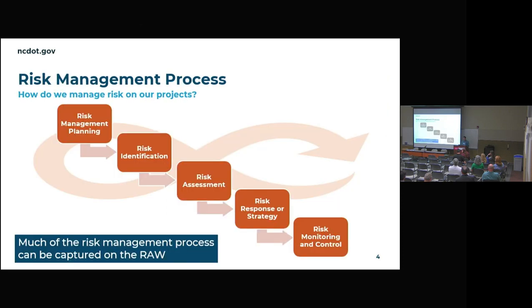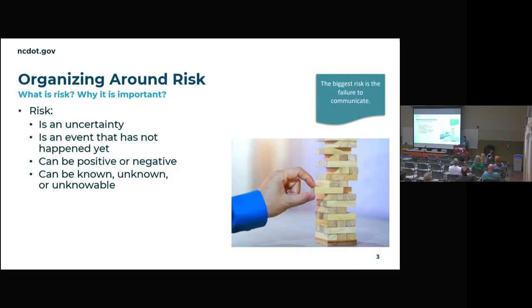And of course, why is capturing risks important? So with our risk, as long as we're talking together, we're going to increase our communications. We're going to increase our continuity as well, and we're going to increase our understanding of that project, right?